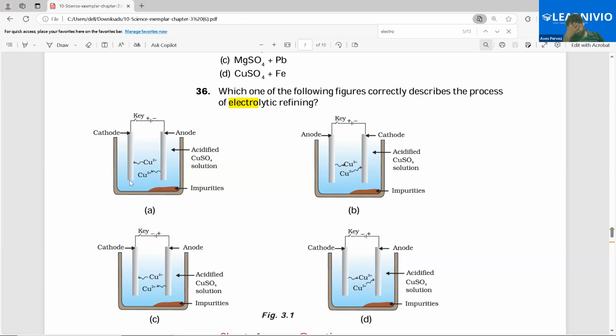The signs are incorrect. Okay, why is B incorrect? B says cathode over here and anode over here.